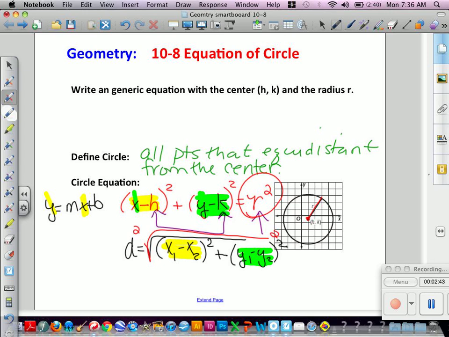So the circle equation actually comes from the distance formula, where you're looking for the distance of the radius. You're taking the radius squared, and you're doing (x1 minus x2) squared plus (y1 minus y2) squared, and that's where that formula comes from.